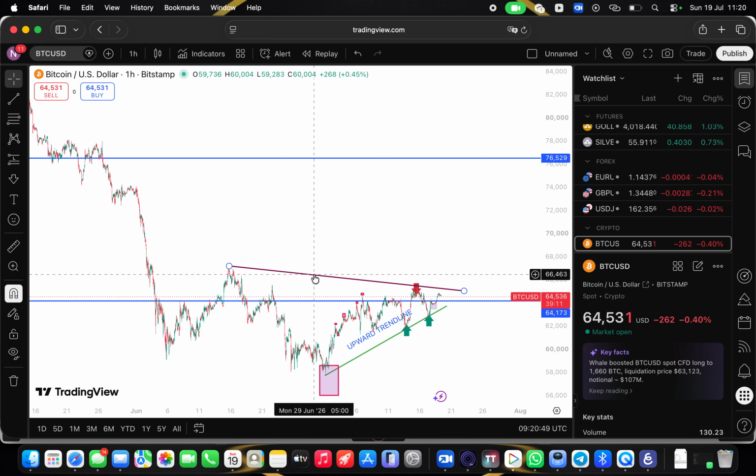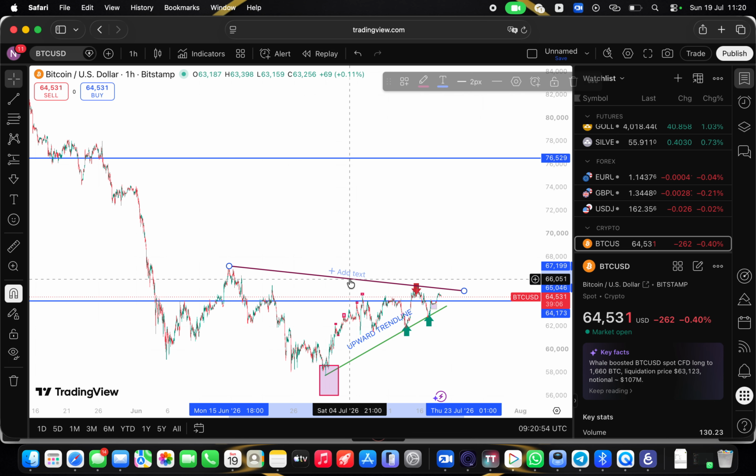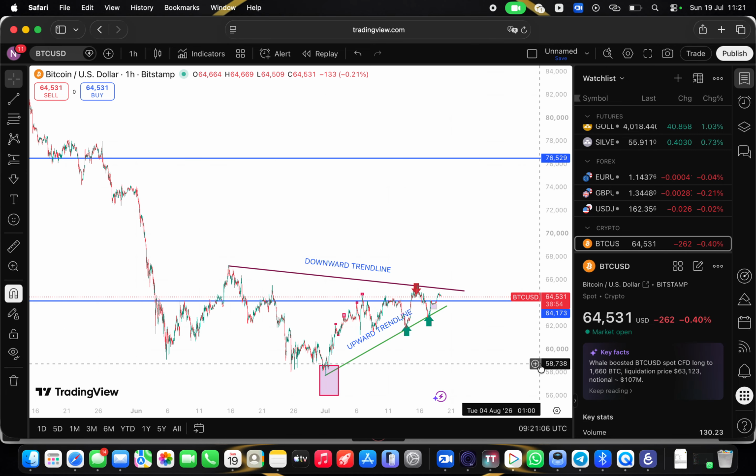Okay, it's fine like that. And then I'll also add a text here to say downward trend line. Looking good. Okay, there we go.